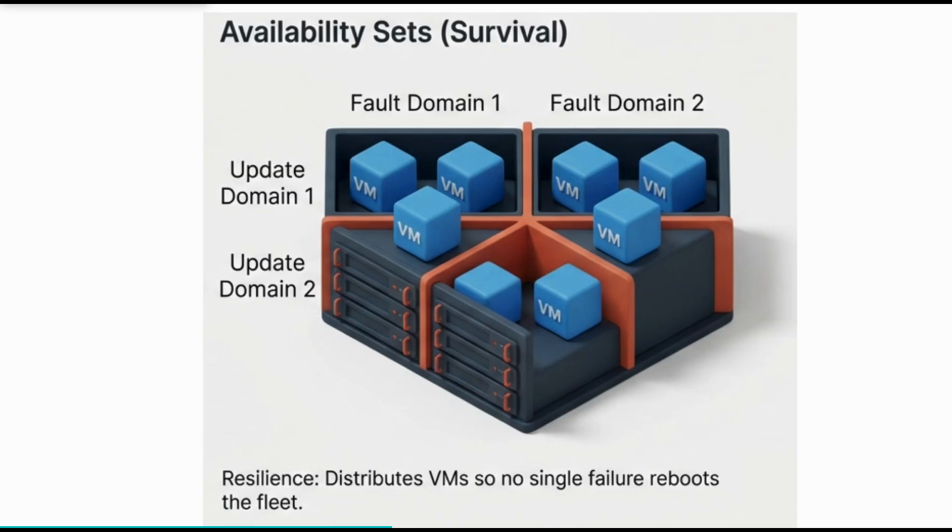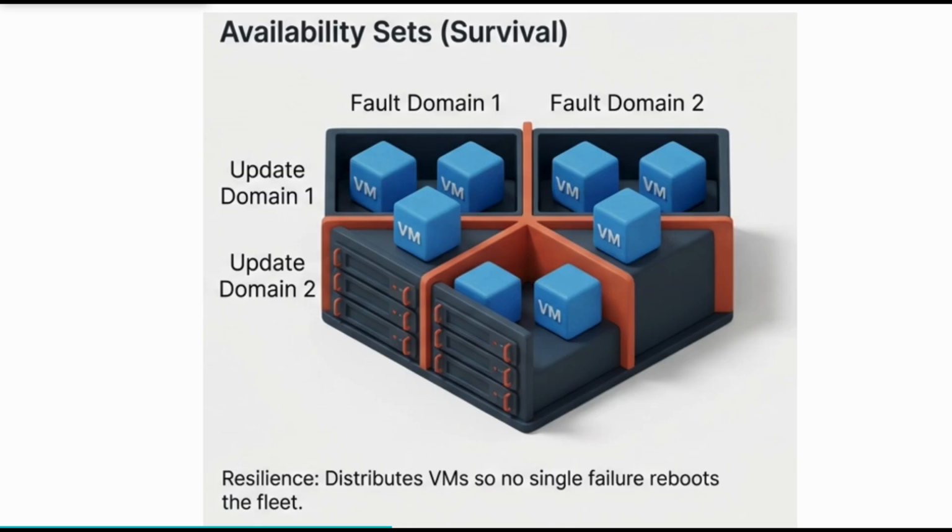This is a very important concept, and what this helps us achieve is an update domain and a fault domain. Now, what is an update domain and a fault domain? Update domain means grouping VMs in such a way that all the VMs in this group are rebooted at the same time. If you select an availability set while creating the virtual machine, Microsoft will ensure that no two VMs lie in the same update domain.